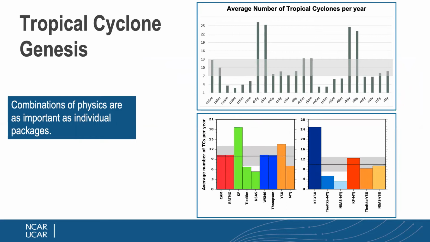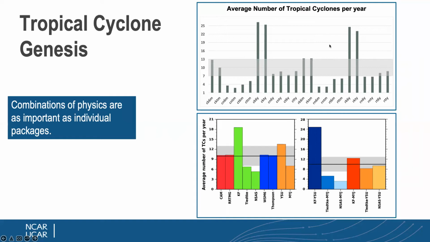If we look at tropical storm genesis, the picture is even more varied. At the top, I'm showing you in the gray bar the average number of tropical storms the North Atlantic experienced per year. And in the upright bars, I'm showing you the genesis for each of these simulations.